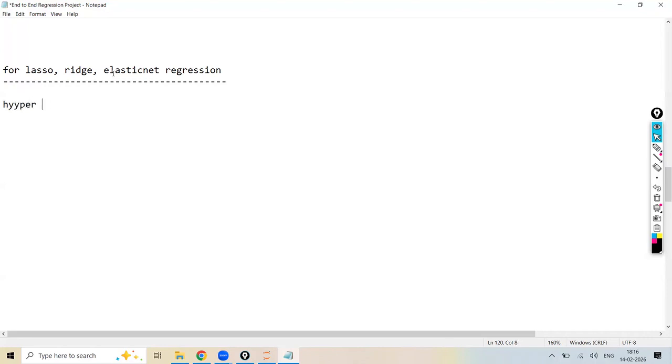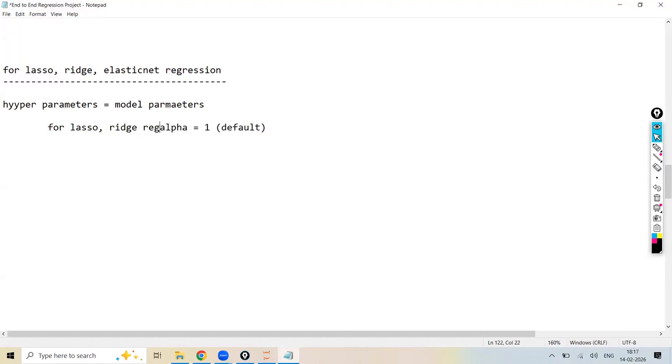Hyperparameters are nothing but model parameters. What are the model parameters we have? Alpha is equal to 1 by default, for lasso and ridge.